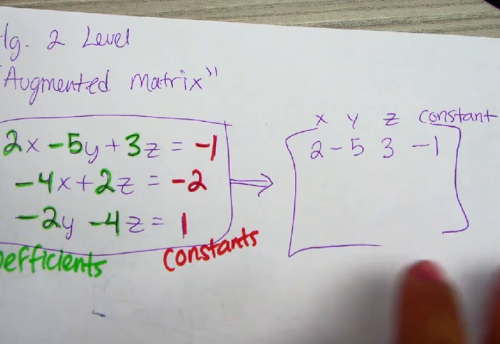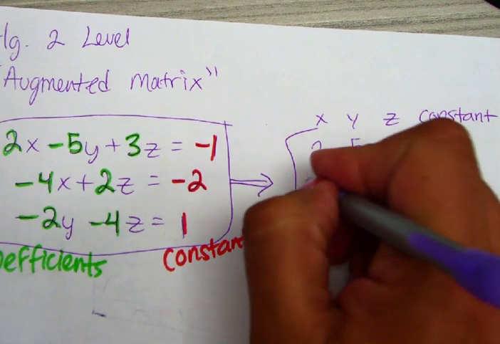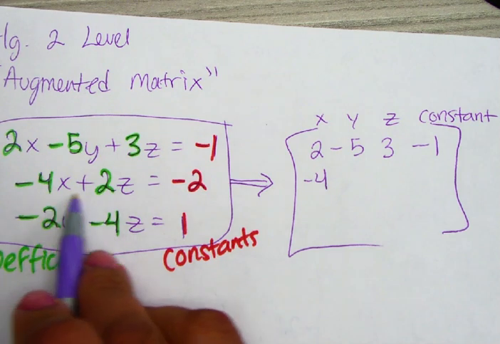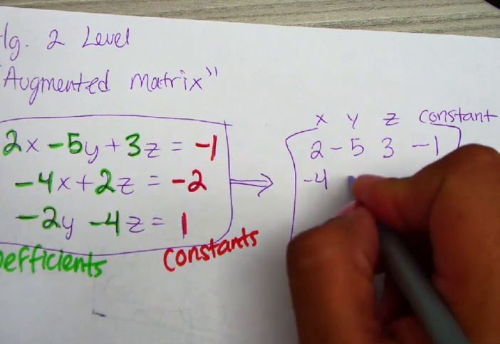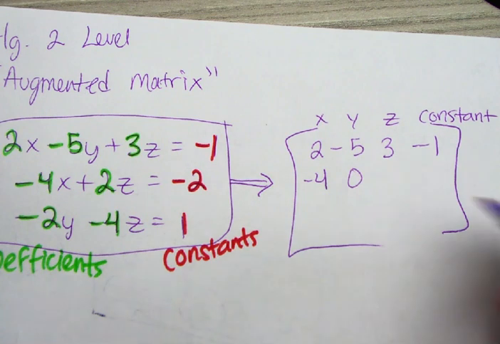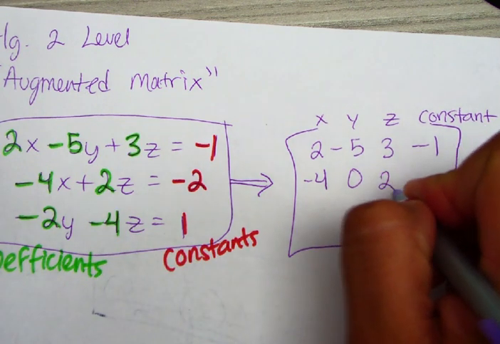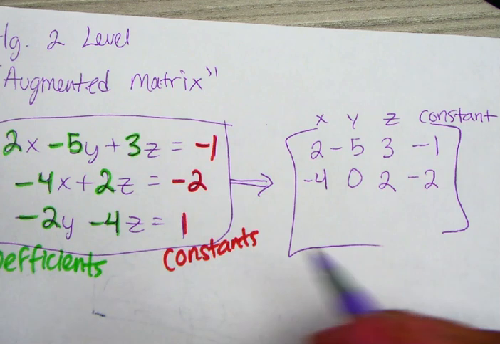So if we replicate that pattern, this negative 4 has an x, so we're going to put that negative 4 in the front. There is no y value here, and the way we show that mathematically is just putting a 0. Here we have a 2 next to the z, and then a negative 2 for the constant.